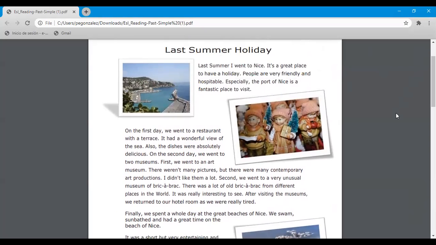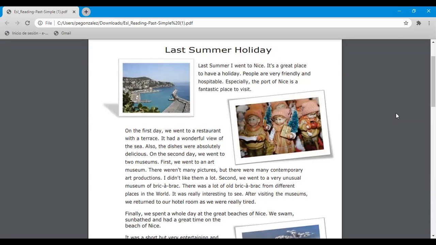And if you notice, the whole story is in past tense, all of the verbs that are being used. The past tense is the grammatical structure to be used, because this is an activity. Remember that it's all about an activity that started and finished in the past.